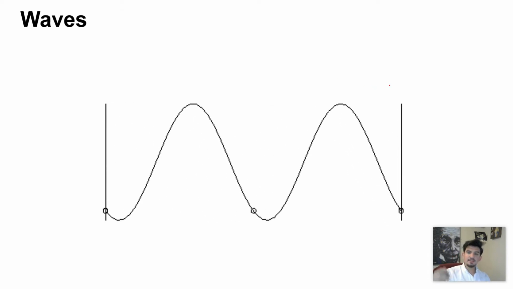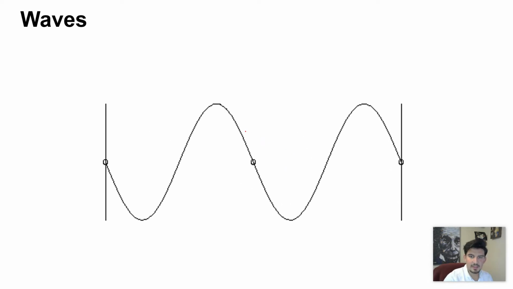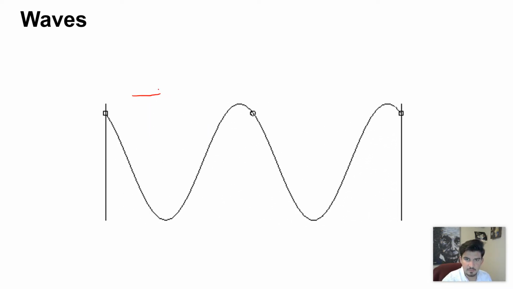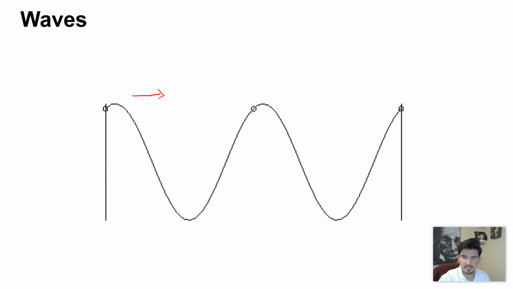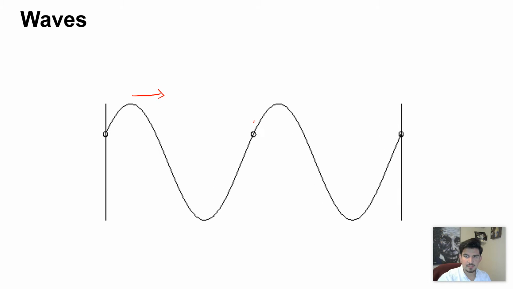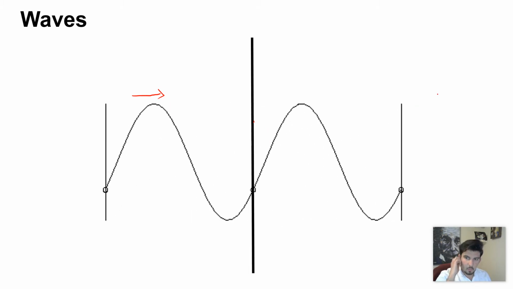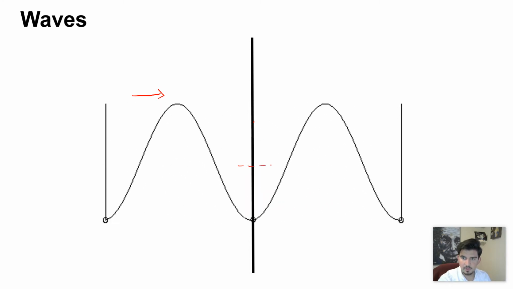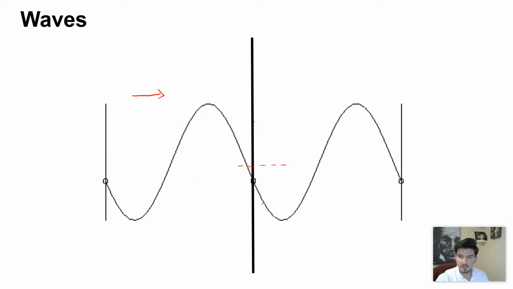We also see this very commonly in waves, okay? So we often think of waves as moving this way. But if you were to focus just on one point, say this point right here in the middle of the screen, in fact, if I put a line over it, you can see that one point on the line is constantly going back and forth through this equilibrium point, that point right in the middle of its motion.